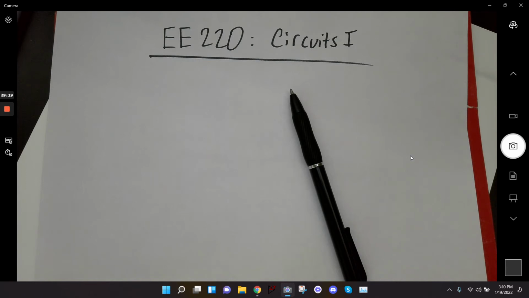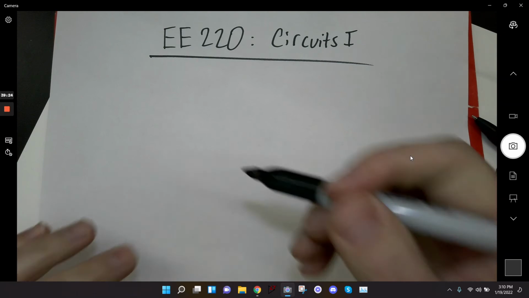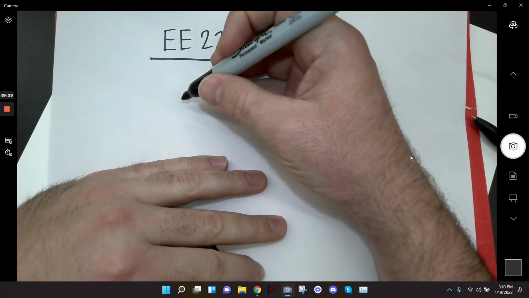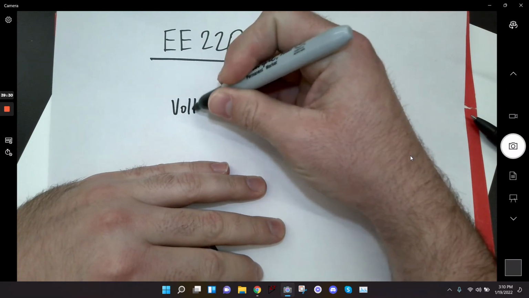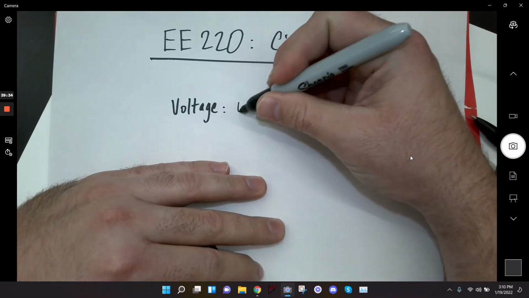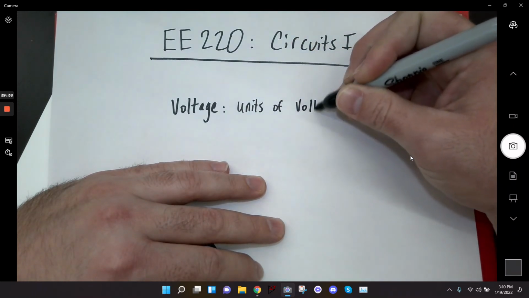All right, so I'm going to start by talking about basically the 3 main things that we're going to talk about here: voltage, which has units of volts.